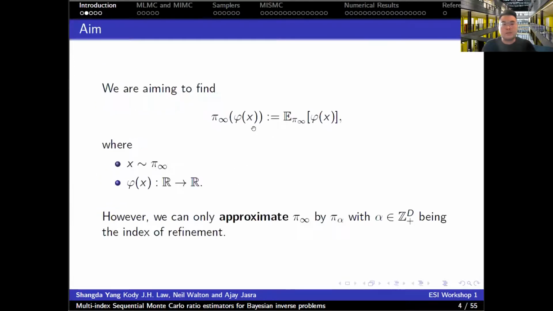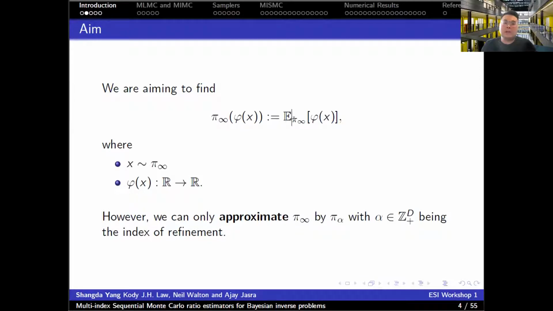Okay, so first, we are aiming to find the expectation of this quantity of interest, varphi(x), with respect to the target distribution pi infinity, where x is distributed as pi infinity and varphi(x) is a real-valued function.